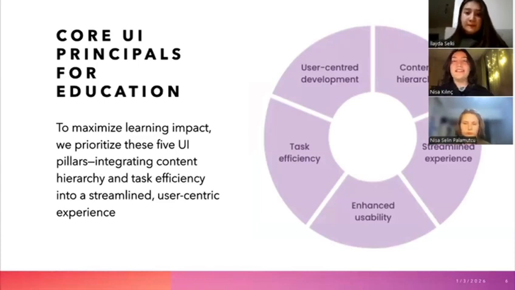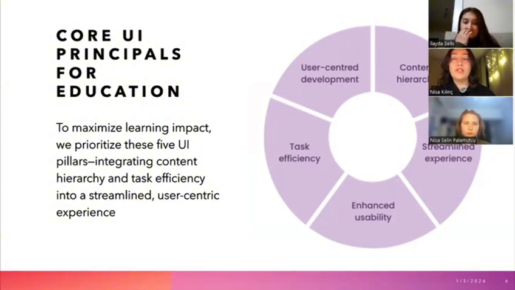Now, let's analyze the core UI principles that are mandatory for maximizing learning impact. We prioritize 5 specific pillars to create a high-functioning educational interface. So the first one is content hierarchy.